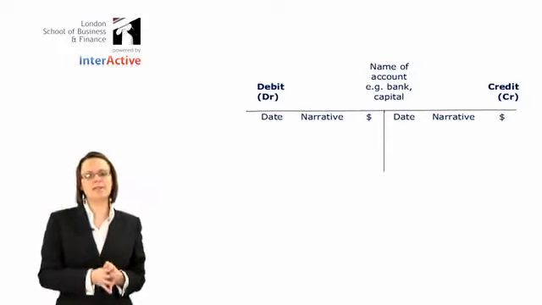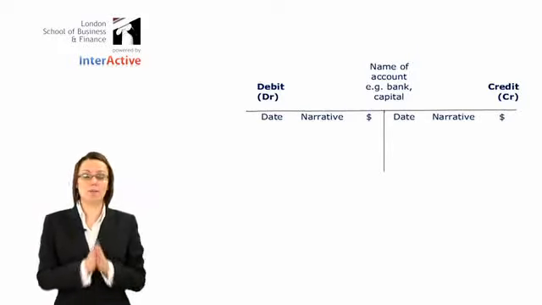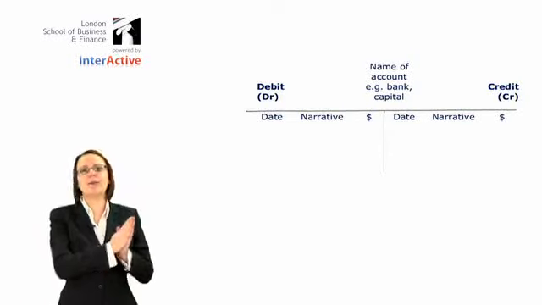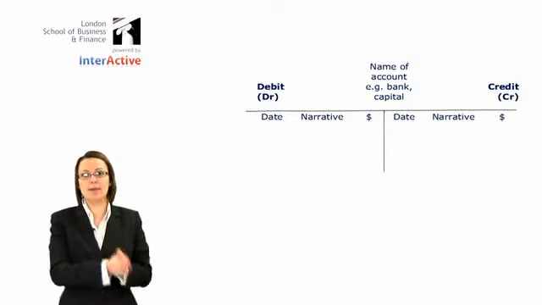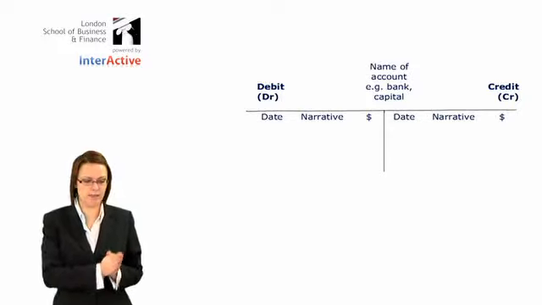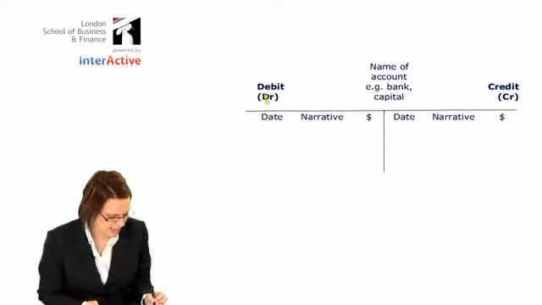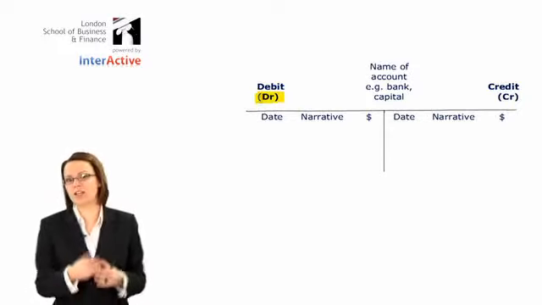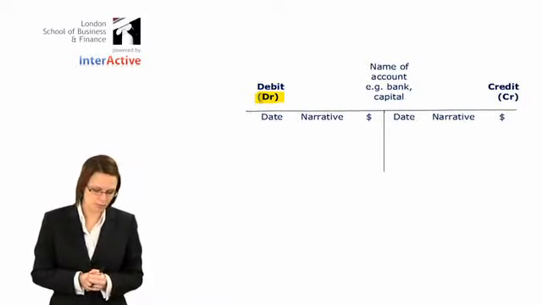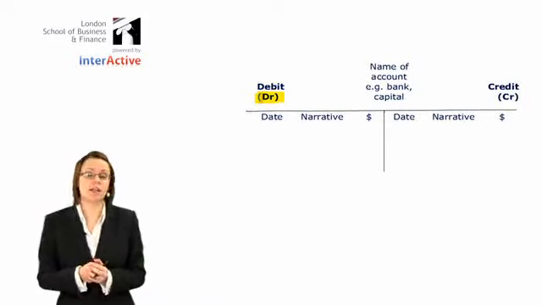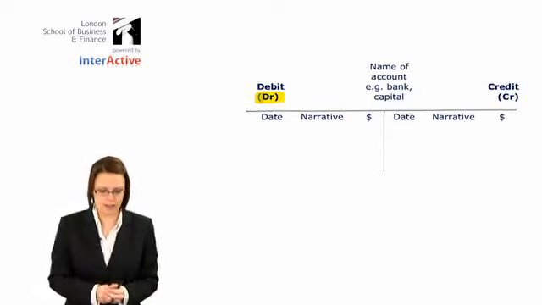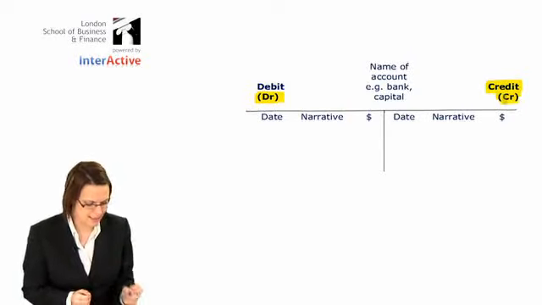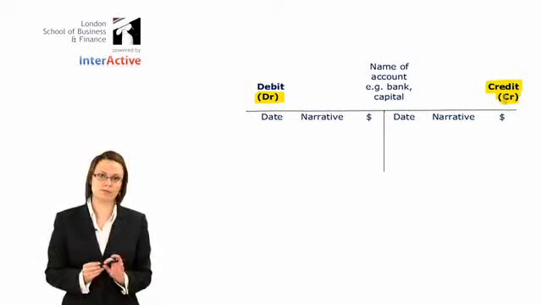Now, you can see on the left-hand side of the middle line, we have debit on the top. Now, debit is on the left-hand side. And sometimes we refer to that as DR. Okay, it's just shortened, DR. On the right-hand side, that is the credit side. And we can see that that's abbreviated to CR.